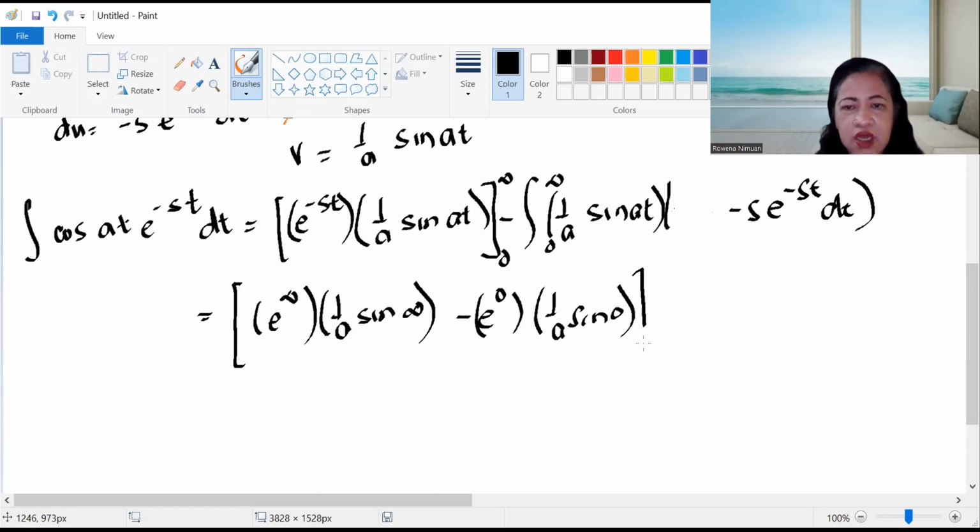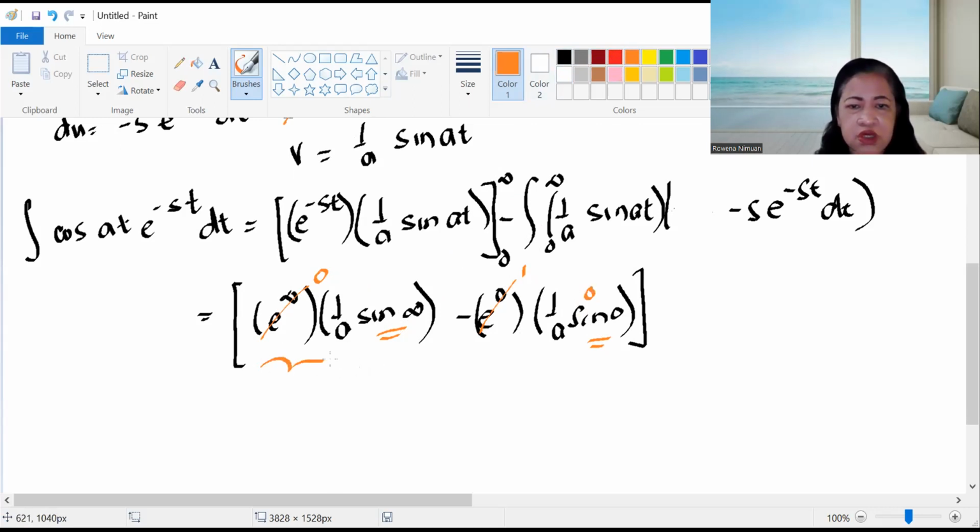If we evaluate this, this will become 0. Regardless of the value of sine of infinity, which should be 1, since sine of 0 is equal to 0, this will become 0.